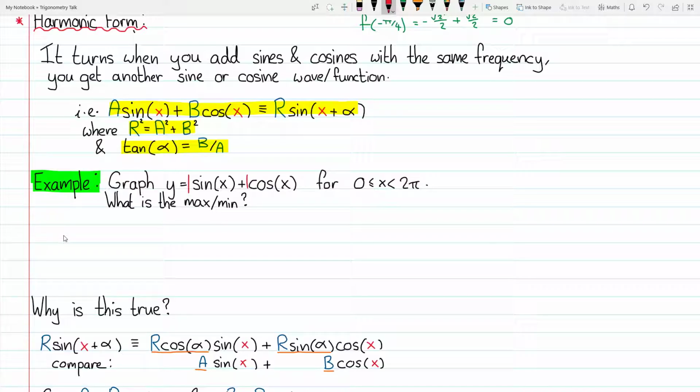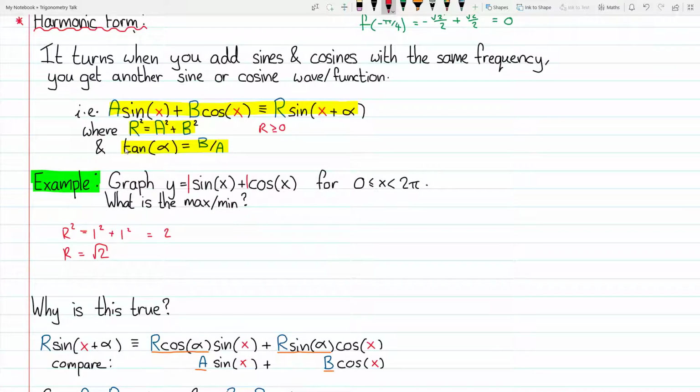Well, r squared equals 1 squared plus 1 squared, which is just 2, and r equals the square root of 2. In fact, I should mention that here r is non-negative.